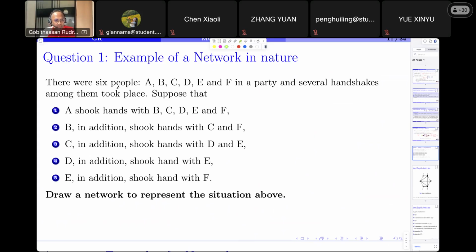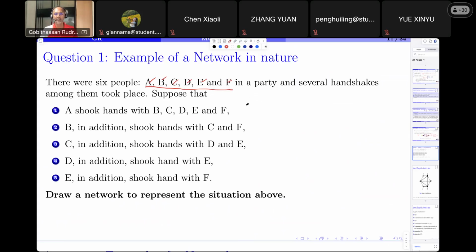There were 6 people, A, B, C, D, E, and F in a party, and several handshakes among them took place. So we have 1, 2, 3, 4, 5, 6. We have 6 vertices.